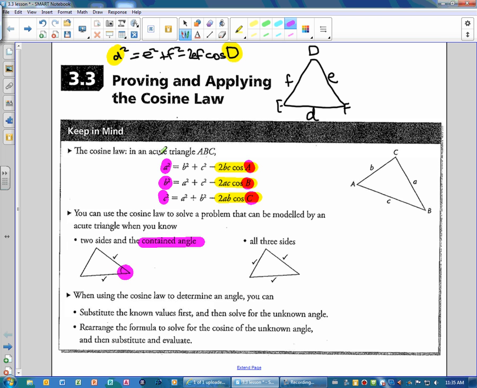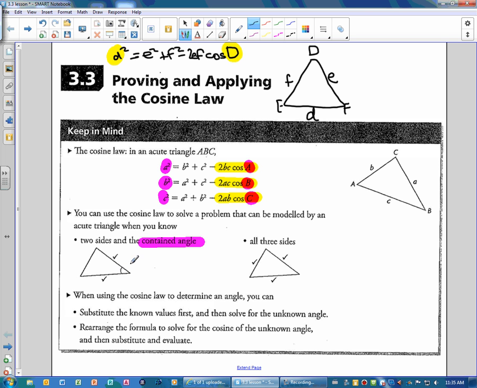So over here, for example, if I was talking about this angle here, I would not call this angle contained because I don't know this side. This angle would only be contained if I knew the side length here and the side length here. Based on this picture, this check mark means I know this side length, this check mark means I know this side length, and this mark here means I know this angle.